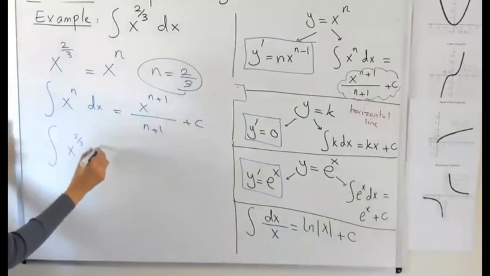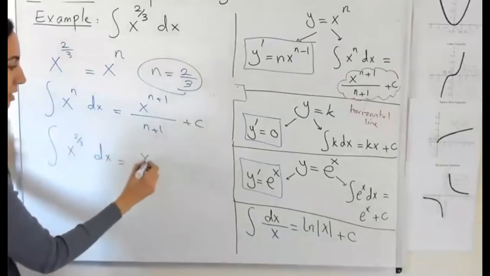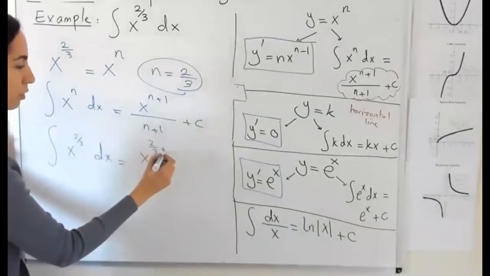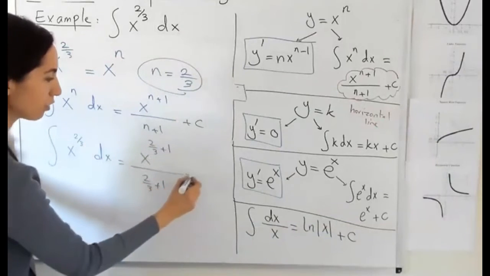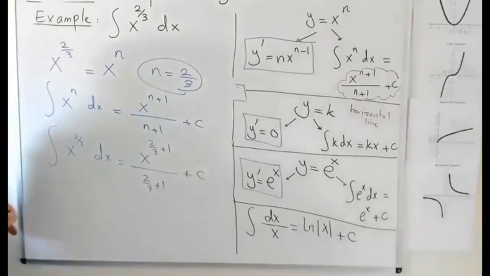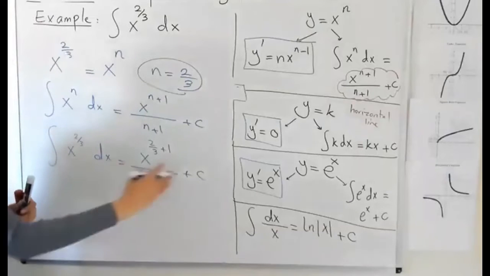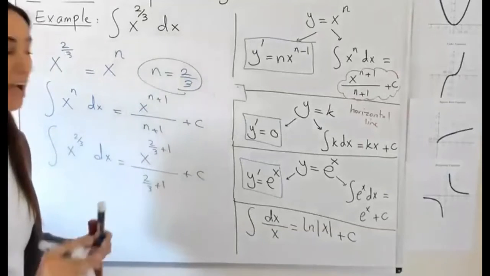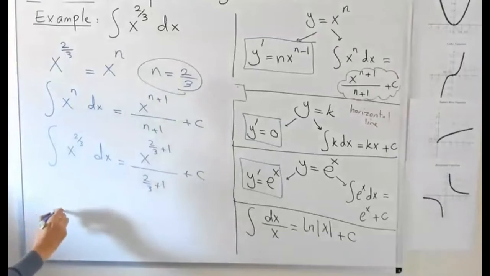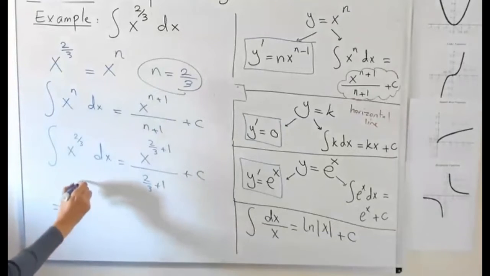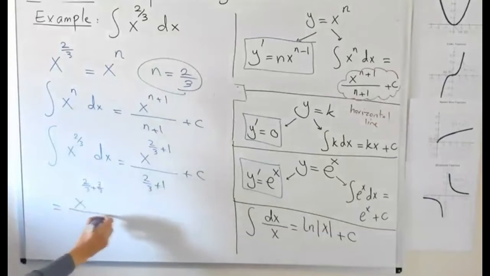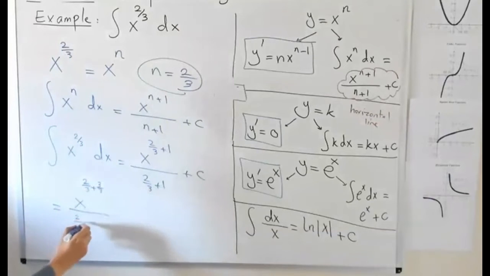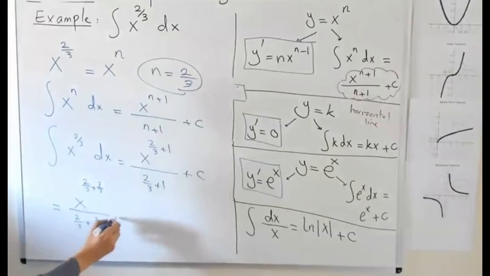The integral of x to the 2 over 3 dx is equal to x raised to 2 over 3 plus 1 divided by 2 over 3 plus 1 plus constant of integration. You're done with the calculus part, the rest is algebra. This is equal to x raised to 2 thirds plus 3 over 3 divided by 2 thirds plus 3 over 3 plus constant of integration.